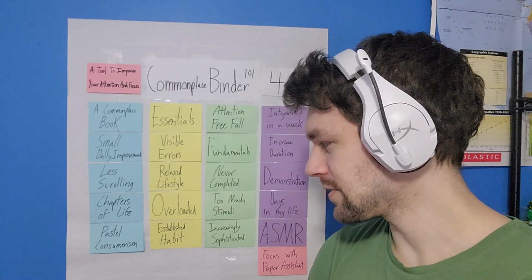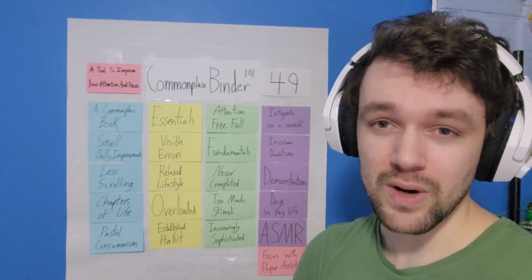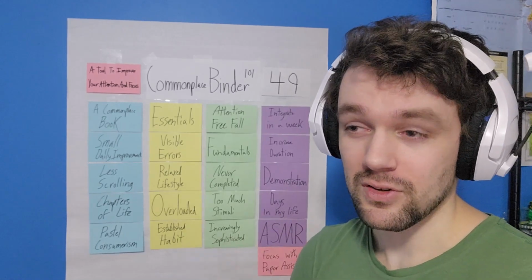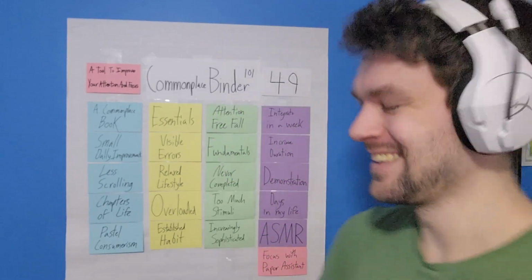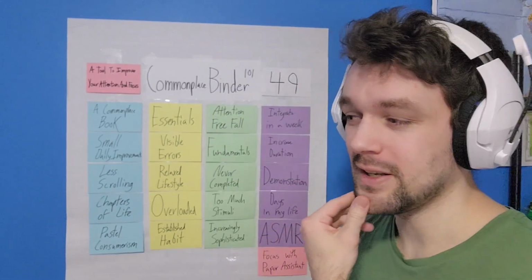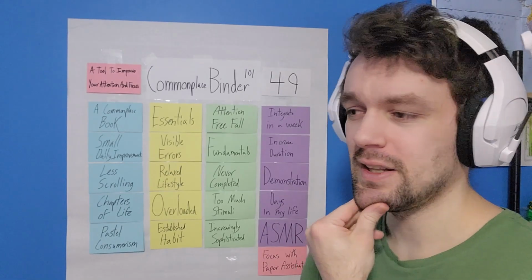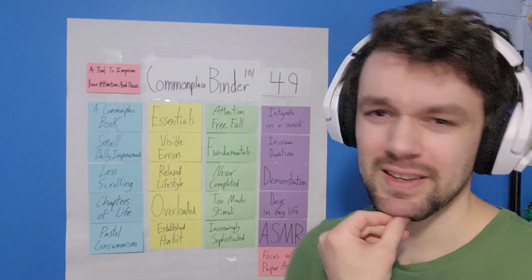Pastel Consumerism. So on YouTube, you'll probably find a bunch of videos where the things look super pretty, and you're supposed to buy it. Buy the stickers. Now, some people have been talking about de-influencing, or a no-buy year for 2025. I don't know about that.